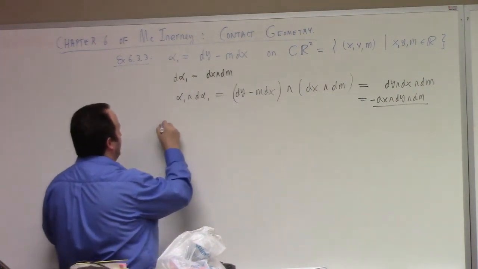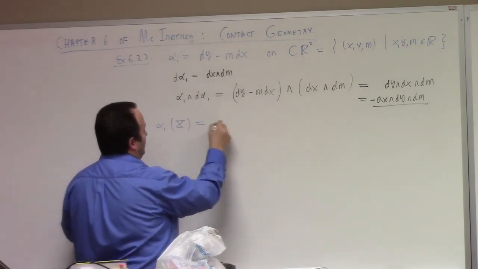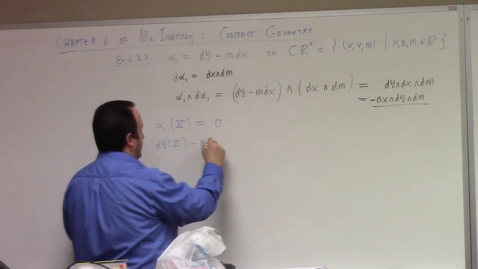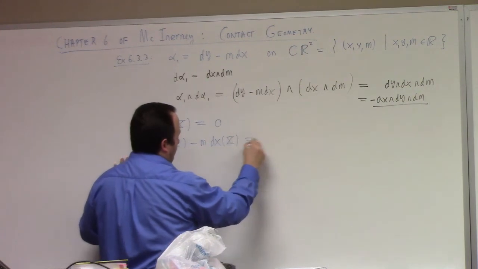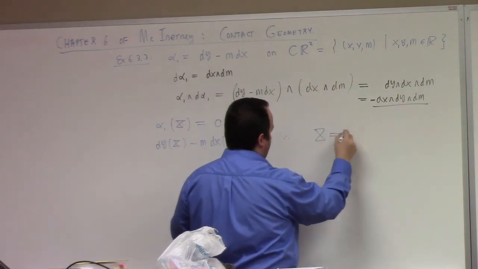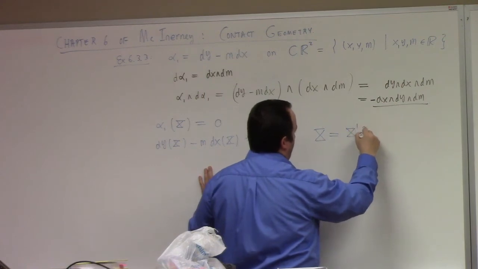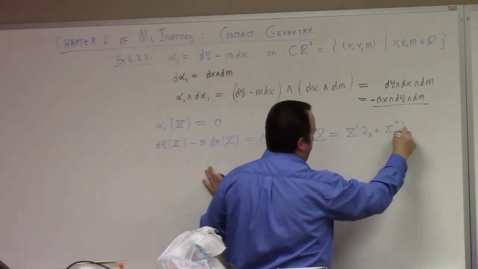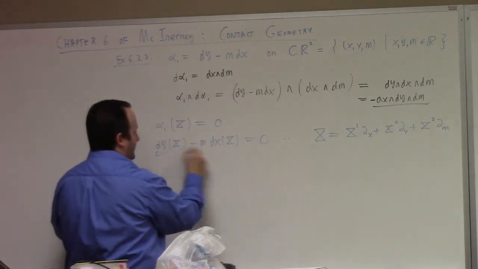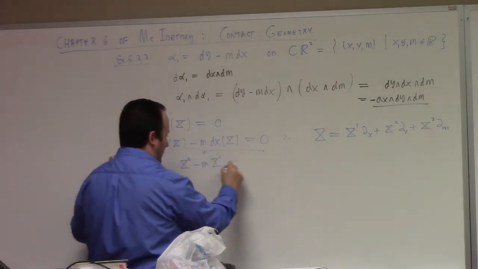We're looking for alpha 1 on x to be equal to 0, which is saying dy of x minus m dx of x is equal to 0. So if we let x equal x1 partial x plus x2 partial y plus x3 partial m, this equation says that x2 minus m times x1 is equal to 0.